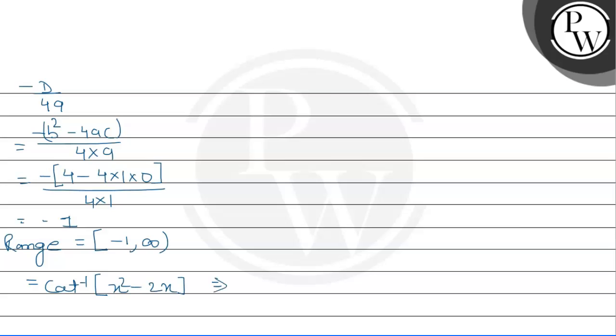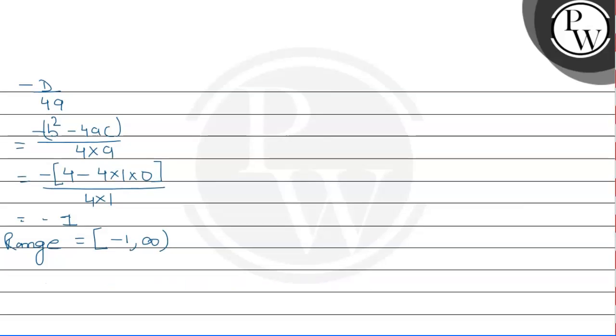If we put the value, x will be 1, so minus 1 squared minus 2 into... Now the range of the given quadratic has come: minus 1 comma infinity. So we had to find the range of the function. Okay, when we put these values in the given quadratic in the form of cot inverse, the range of the function f of x will be found.